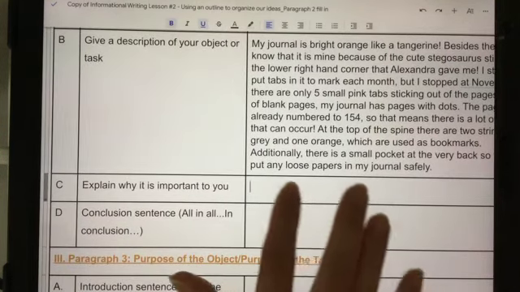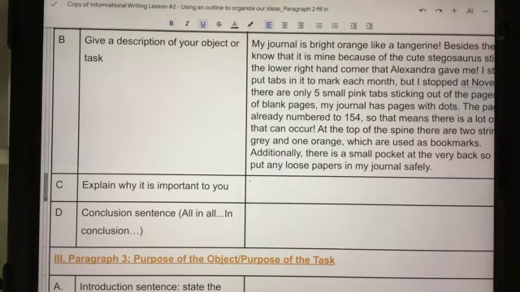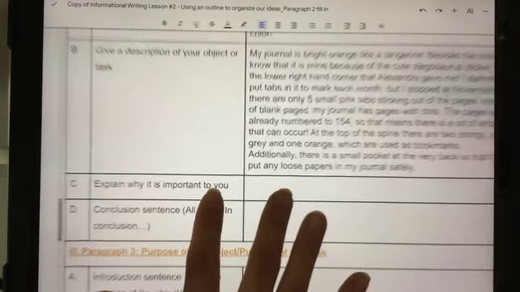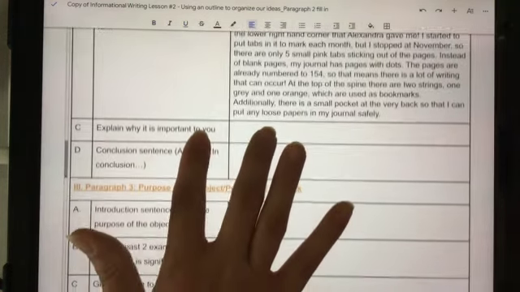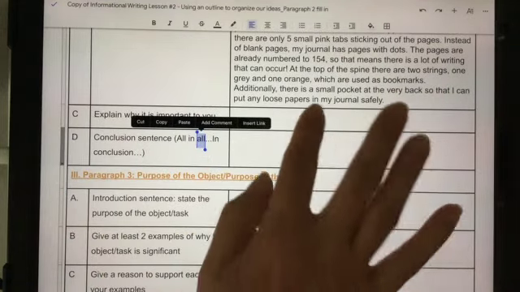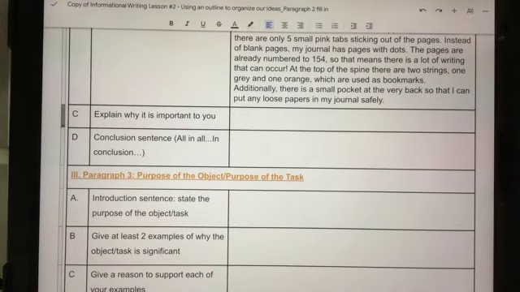Here we go. I'm going to move this up a little bit. Okay, here we go. This journal is very important to me. Actually, I'm going to give it an exclamation point. It really is.